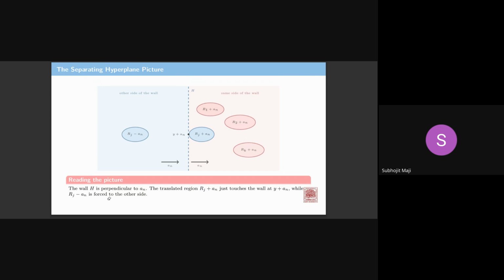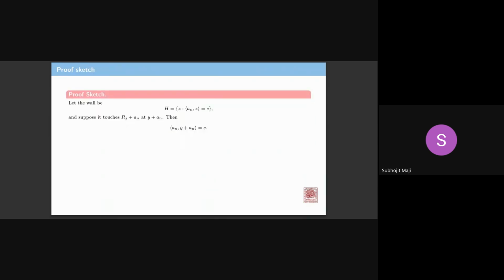You take a wall that is perpendicular to AN, and then you translate region Rj. Rj plus AN just touches the wall at some point, let's say y plus AN, and Rj minus AN is forced to be on the other side. I will explain this in a bit. Yeah, so this picture here.